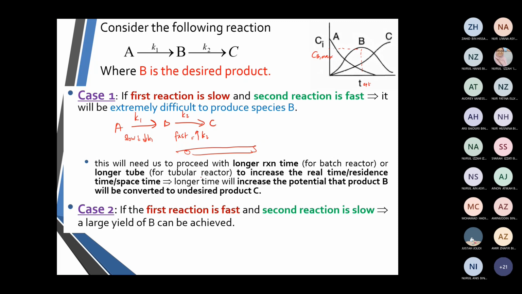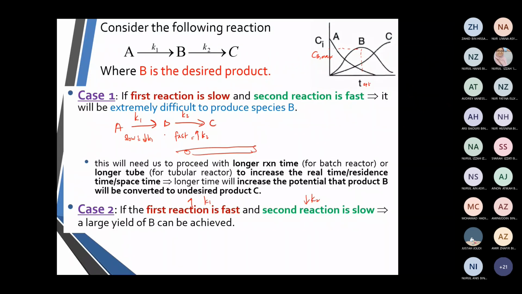And we have a case 2 which is vice versa. Okay, if the first reaction is fast, which is the K1 is fast, and second reaction is slow, K2 adalah slow. Okay, so a large amount of B here can be achieved.